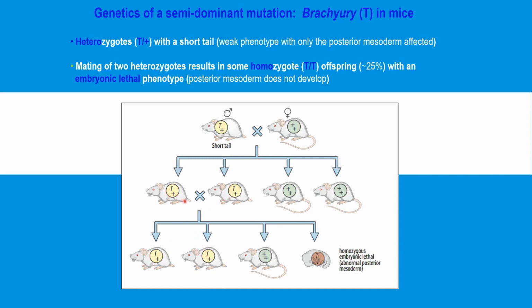The wild type chromosome can pair with either chromosome from the sibling, giving us a potential wild type, or the mutant chromosome pairs with the other mutant chromosome, giving us the homozygous brachyury animals, which are then embryonic lethal and don't make it.